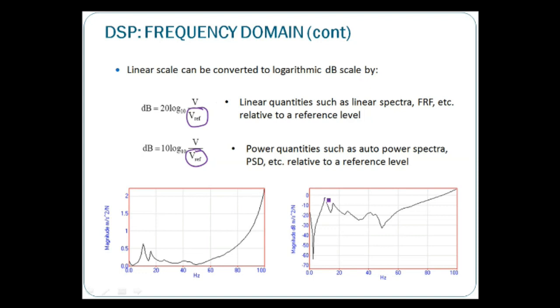If it's below the reference value, then it's a negative dB. That is another way of representing our spectrums in different scales.